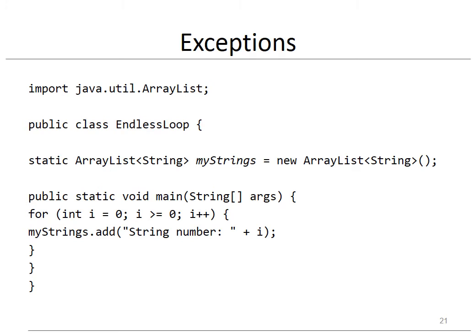In this class, we define an object, myStrings, which is an ArrayList of strings. It then starts a for loop whereby in each step the for loop variable i is added to the myStrings object. What do you think will happen if this code snippet is executed?